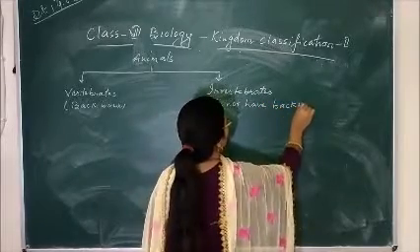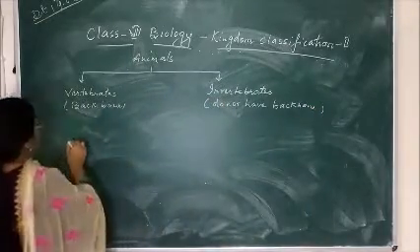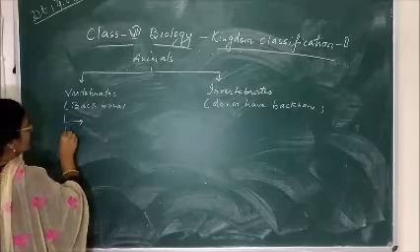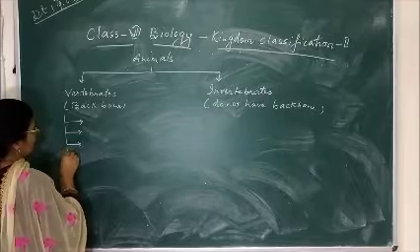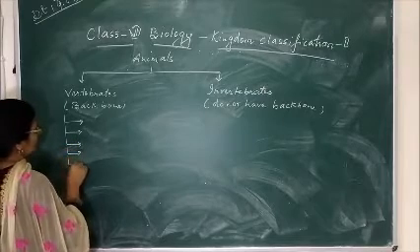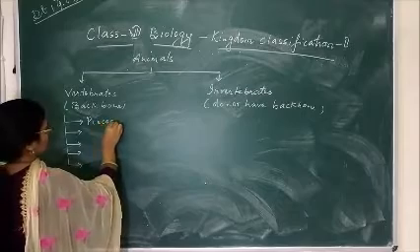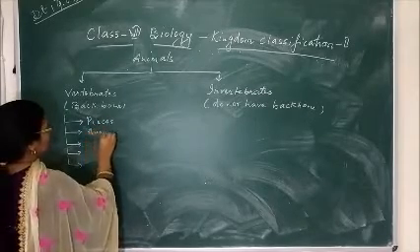So here we will discuss first the different classes of the vertebrates. So actually the vertebrate is divided into 5 parts, and that we will discuss in detail. The first one is called pisces. Second is called aves.